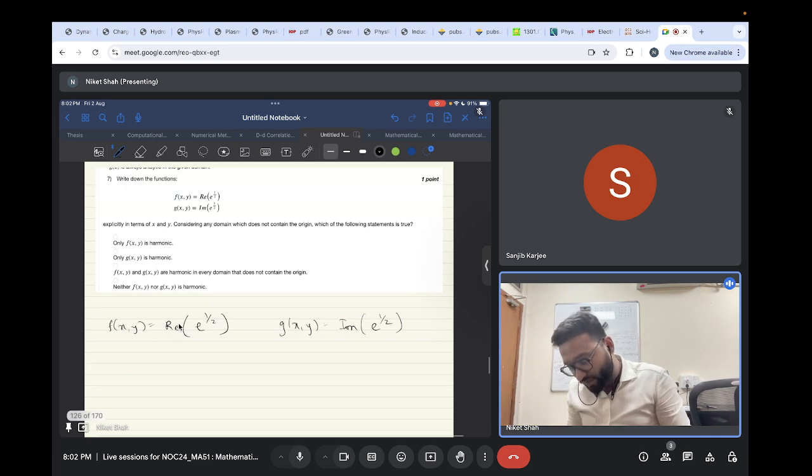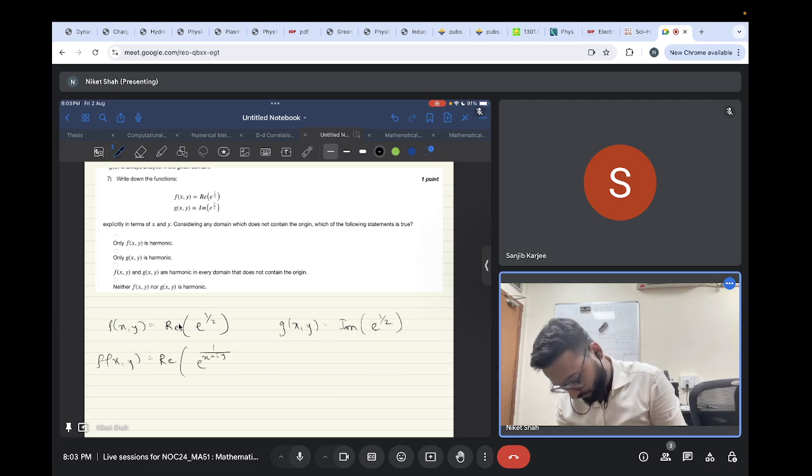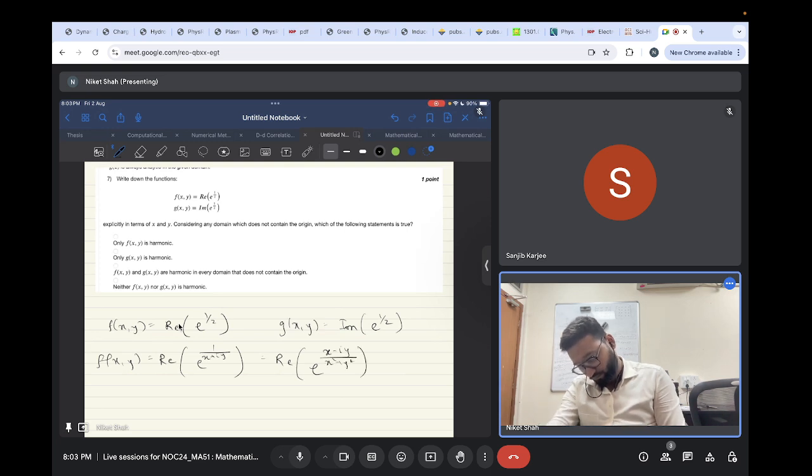So let's first write down in terms of x and y. So f of x comma y equal to real part of e raised to power.